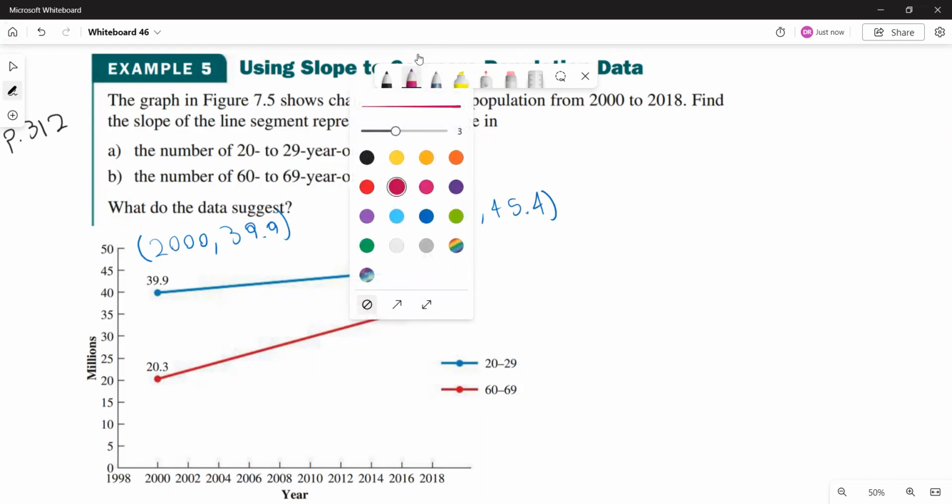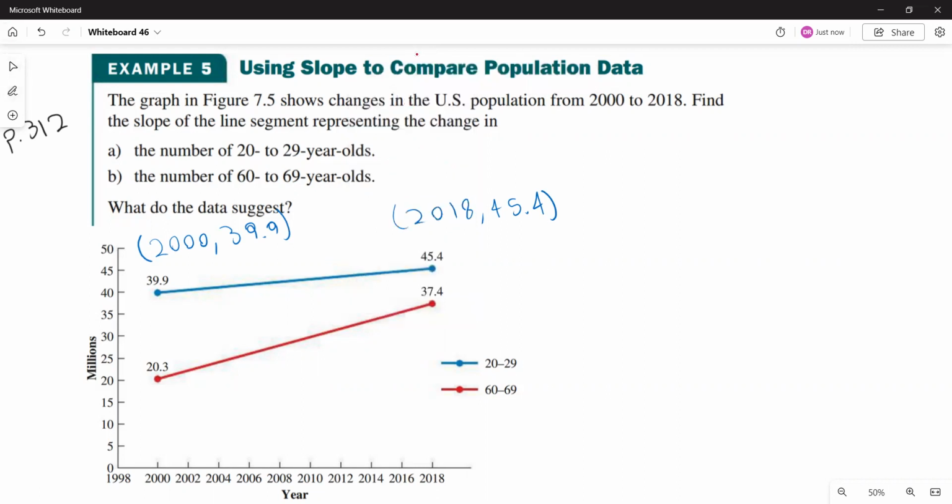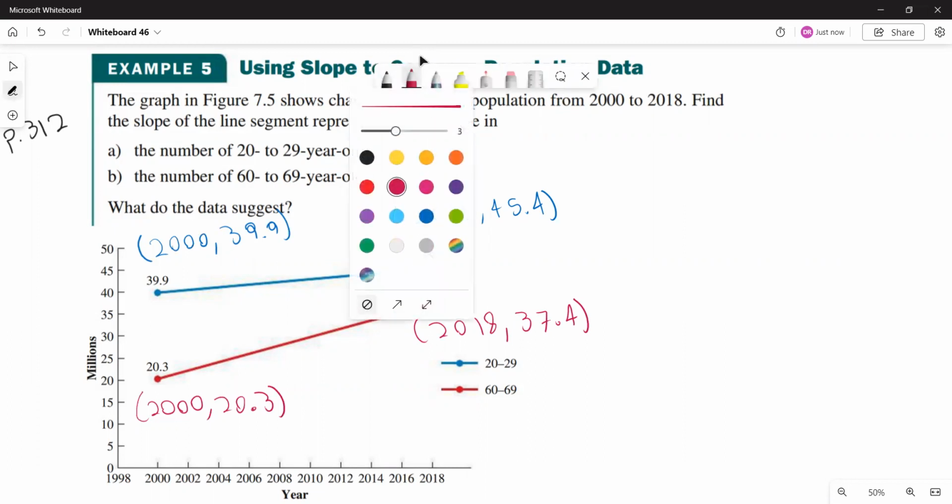And the line below passes through the points 2000, 20.3, and 2018, 37.4. So at first sight, we can see that the red line is steeper than the blue line.